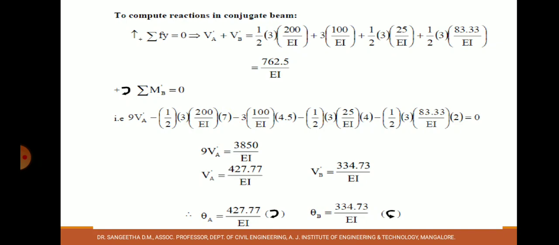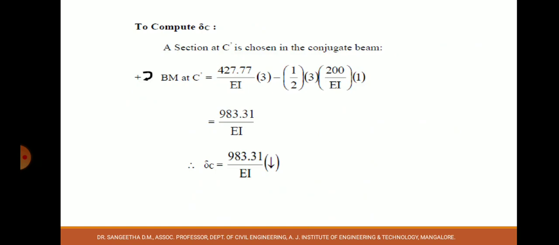Similarly, split up each figure into several components and take the area of each component and its CG distance to point B. The CG distance of the particular triangle, rectangle or trapezoid to point B. So take moment about B, you can find out what is VA'. So once you get VA', substitute back in the previous equation, we will get VB'. Those VA' and VB' are nothing but slopes.